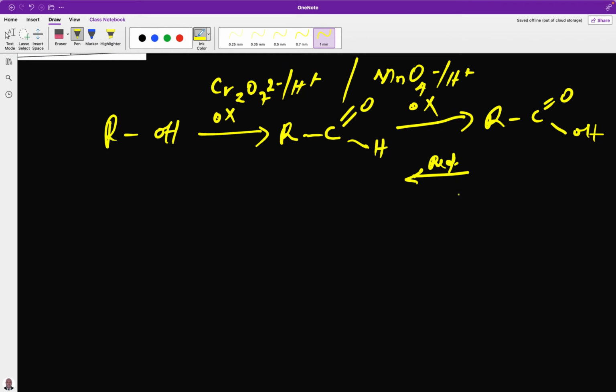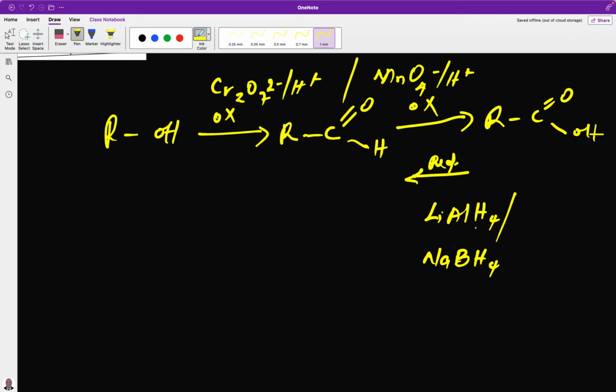For reduction, we will use lithium tetrahydroaluminate in dry ether, or sodium tetrahydroborate in aqueous alcoholic solution.